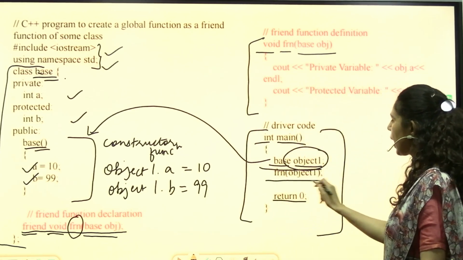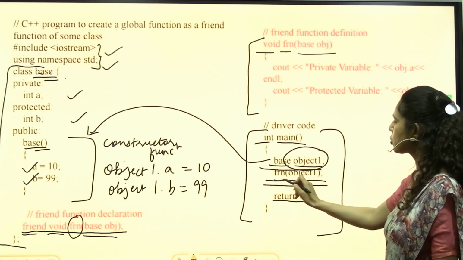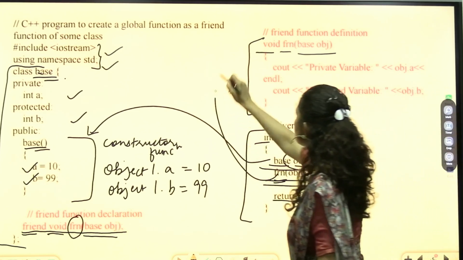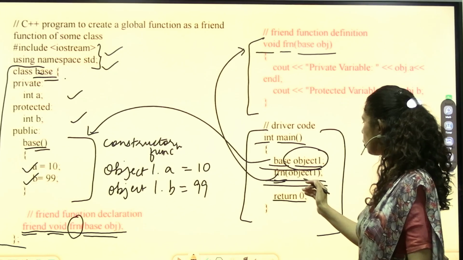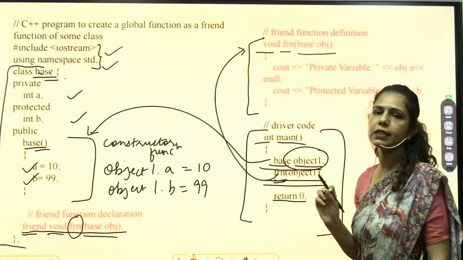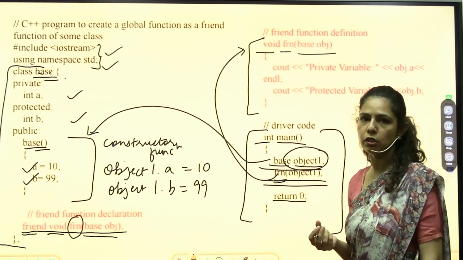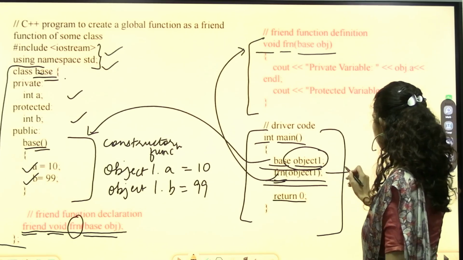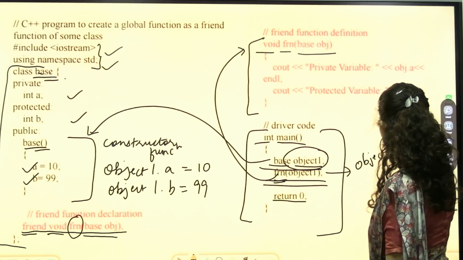Now in the second line, we are calling our friend function. The name of the function is frn. And what are we passing in the arguments? In the argument, we always have an object. So whenever we talk about a friend function, we always have an object as an argument.